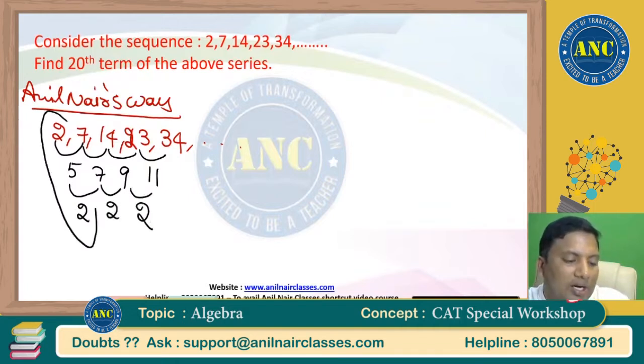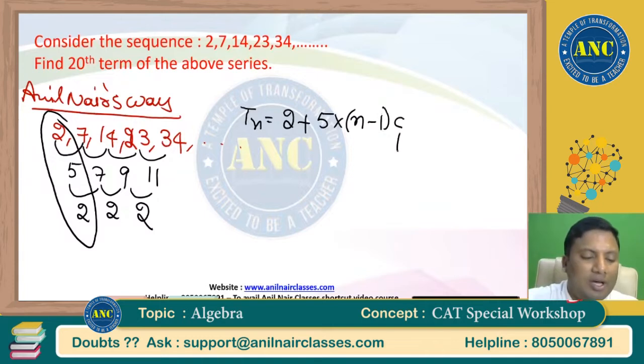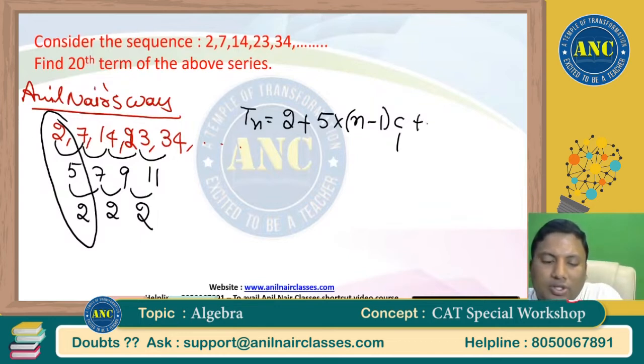Only concentrate on the leftmost terms. Tn is A plus, A is the first term, 2 plus 5 into n minus 1 C1. Are you all with me? If it is only in the first step, if it is constant, A plus n minus 1 into D. Plus 2 into n minus 1 C2.